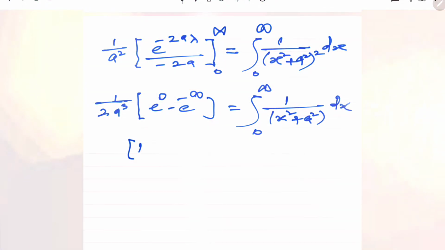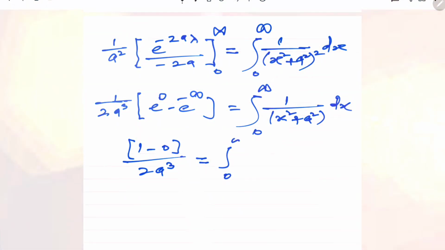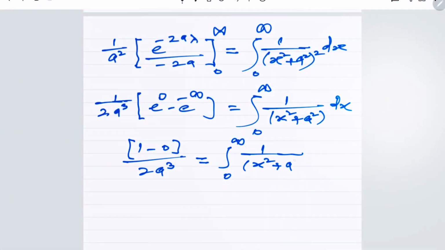We know the value of e raised to 0 as 1 and e raised to minus infinity as 0, and divided by 2a cube is equal to the integration from 0 to infinity of 1 upon (x square plus a square) whole square with respect to x.